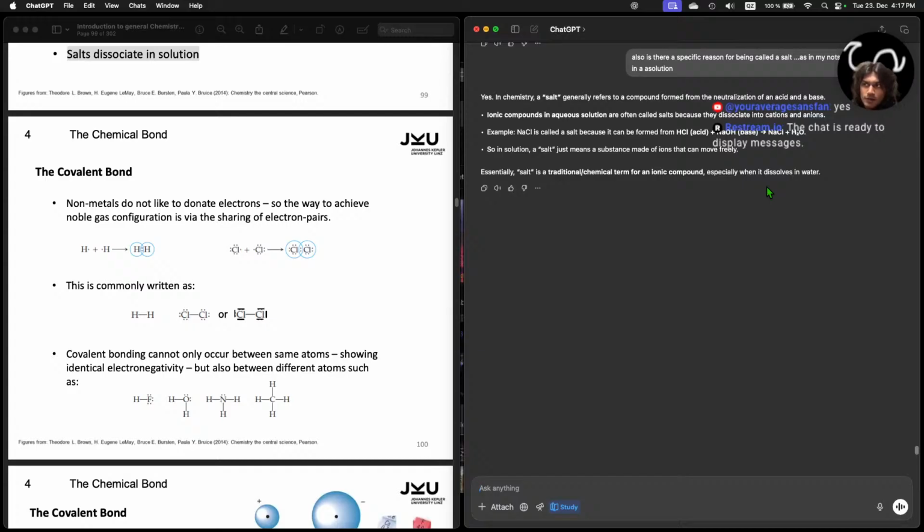So Na and Cl2, that is an exothermic reaction. So in a solution, essentially salt is the traditional chemical term for ionic compounds.